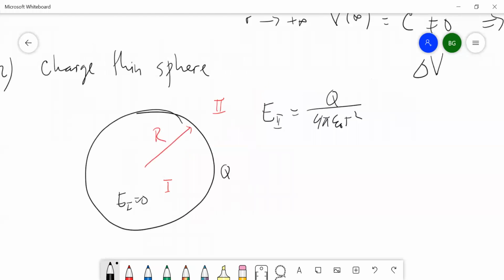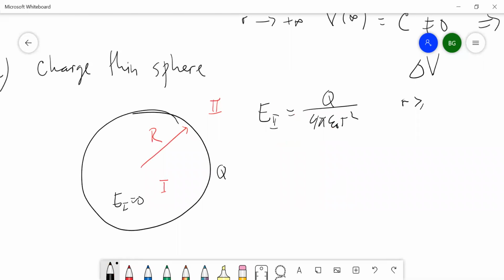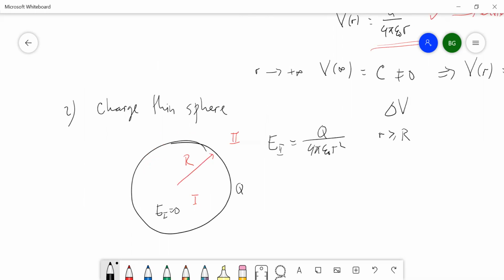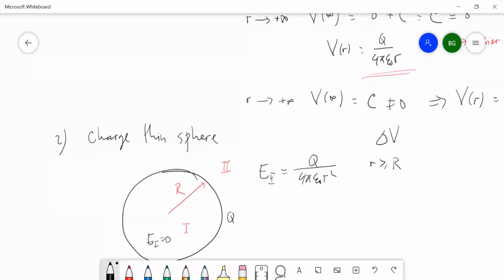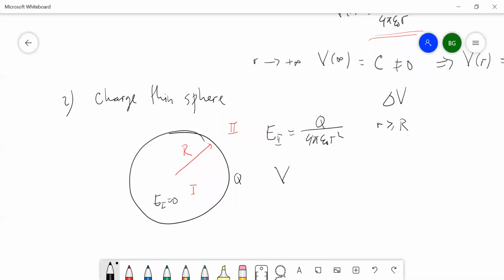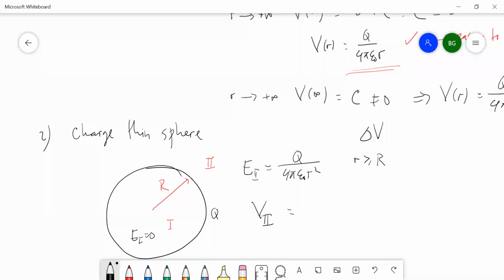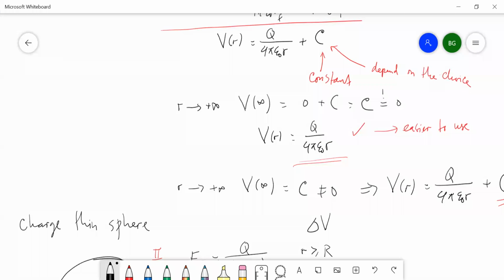Again, this is for r greater than or equal to capital R. So for example, I could also use V here, because it looks the same as the point particle.